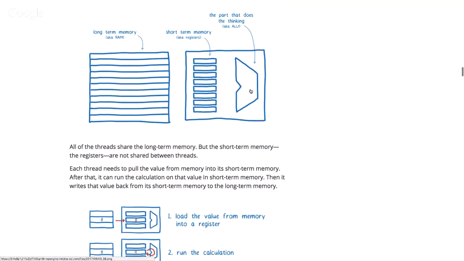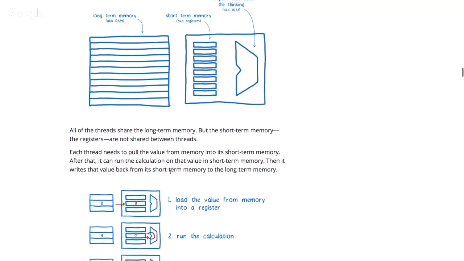Anyway, the ALU is the one that uses the registers, or the short-term memory. All of the threads share the long-term memory, but the short-term memory, the registers, is not shared between threads.